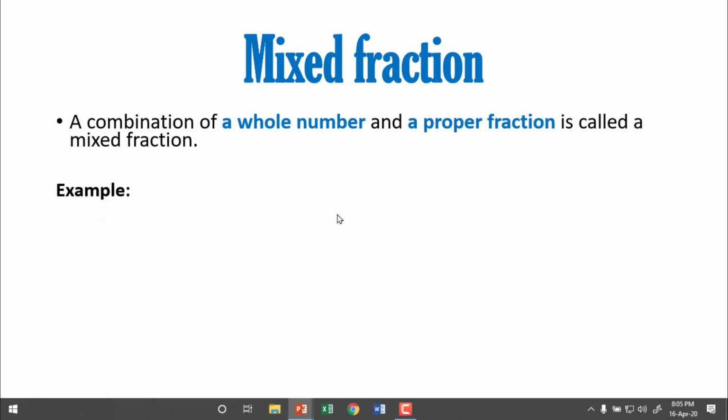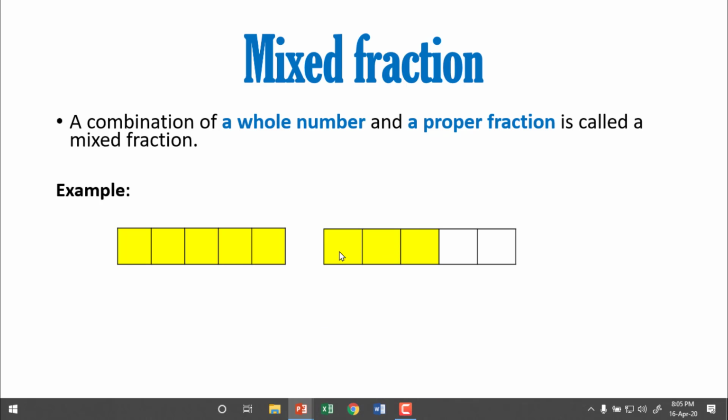Let's have an example. The same example. Suppose you have a chocolate that has 5 equal bars, 1, 2, 3, 4, 5, and you have eaten all 5 bars. That means you ate the whole chocolate. Also, you have eaten extra 3 bars out of 5 equal bars. So we can say that you have eaten one chocolate and 3 bars out of 5 bars.